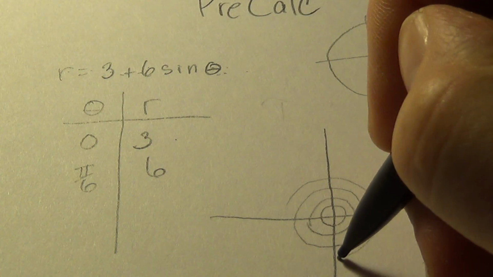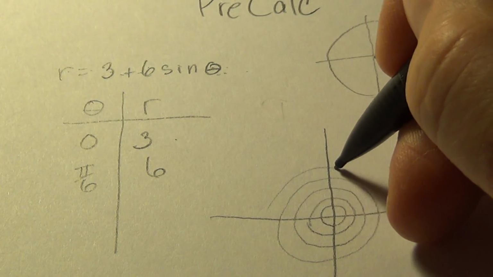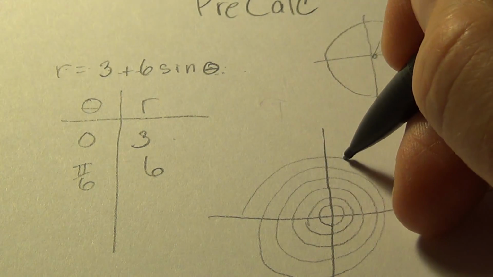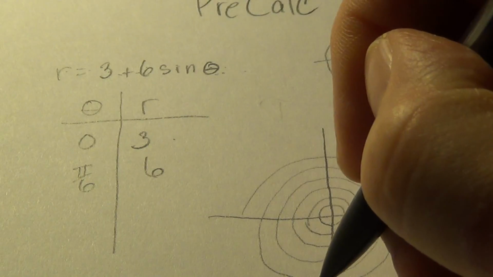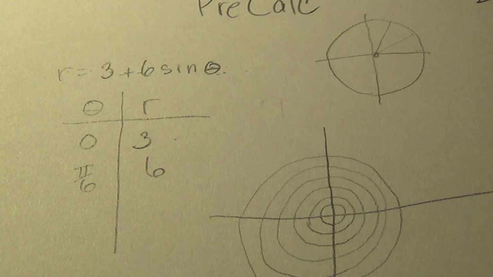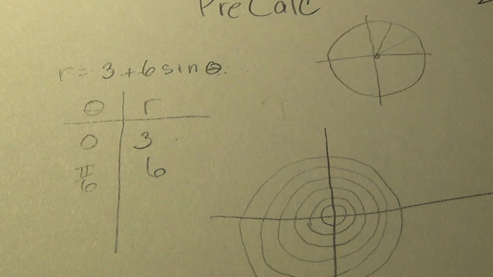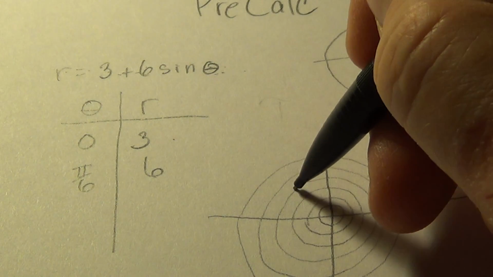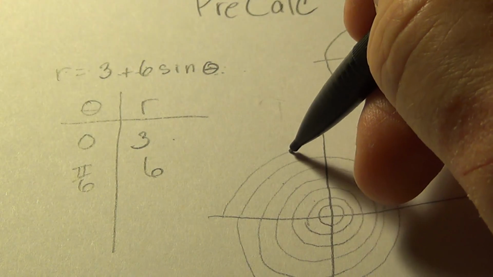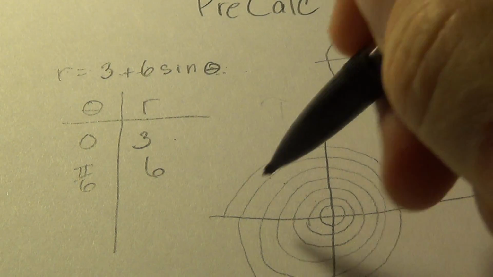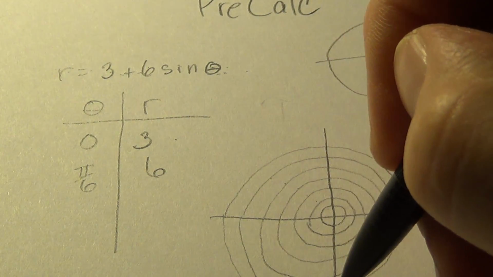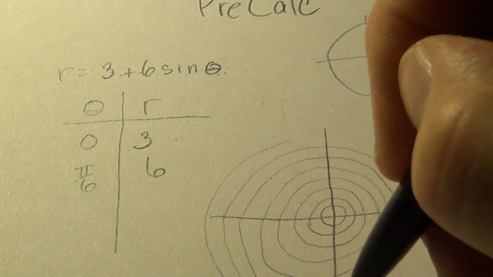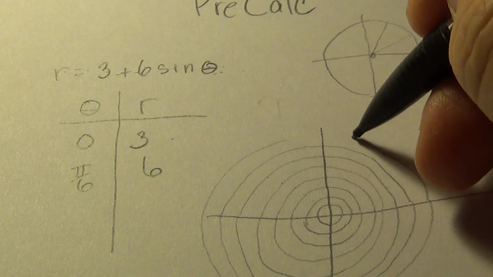I'm like at 4, and my circles get worse and worse as I get bigger and bigger, more and more lopsided. So I have 6. I'm not sure if I need more than that. I think I actually do. 1, 2, 3, 4, 5, 6, 7. Sometimes if I do half at a time, it looks a little better. I'm going to put one more on. So I've got 8 steps from the origin.